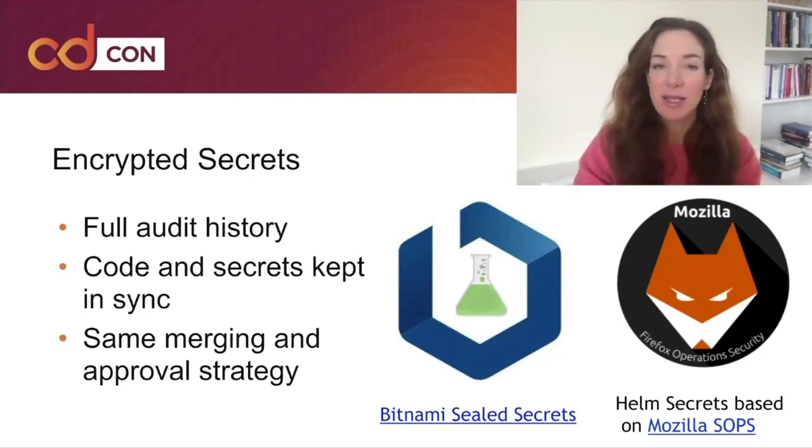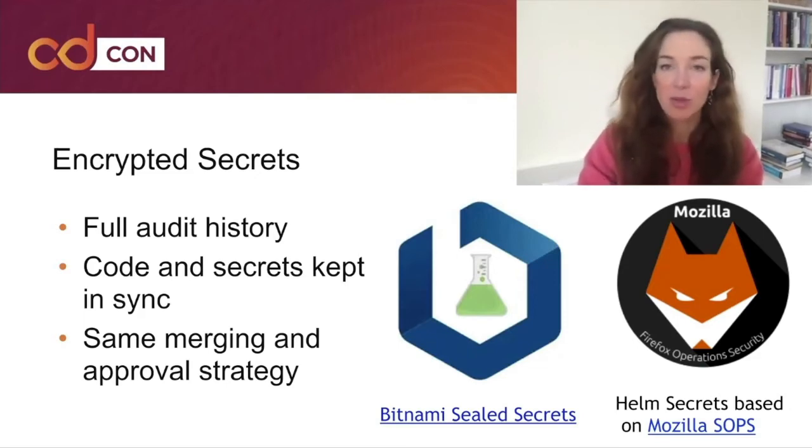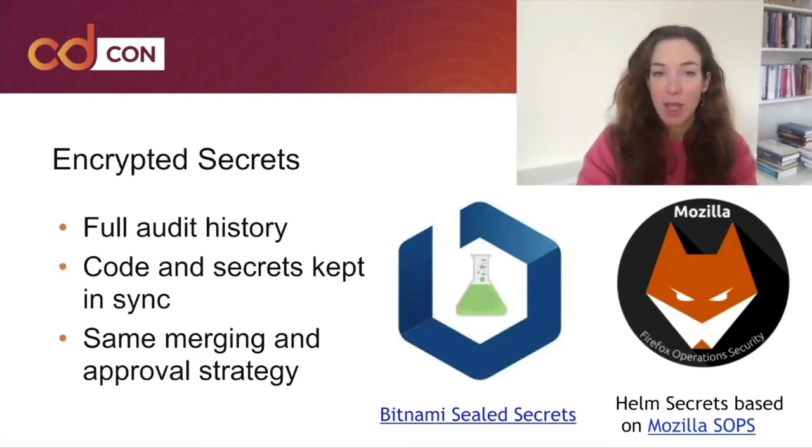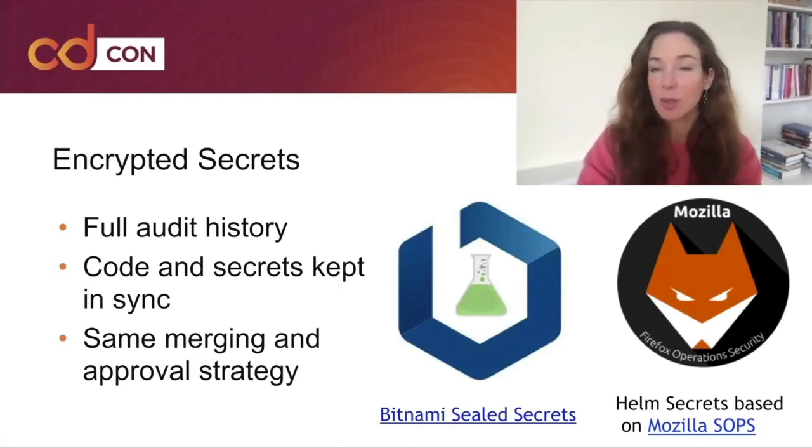Sealed secrets has a controller which generates a public and a private key. Once you have the public key, you can encrypt all your secrets using it. And then storing the public key and the secrets in the repository is perfectly safe, even if the repo is public, as the public key is used only for encryption. The private key is kept in the sealed secrets controller and is used to decrypt the values and create a standard Kubernetes secret.